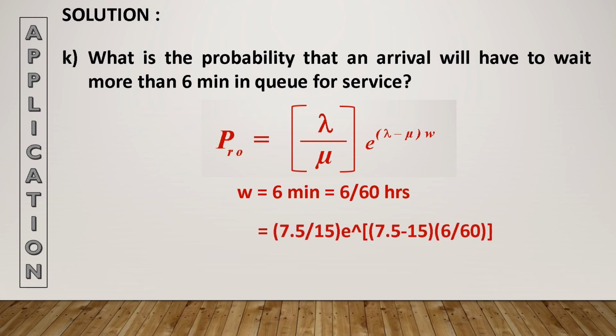So the formula will be 7.5 divided by 15 multiplied by e raised to the power of 7.5 minus 15 times 6 over 60, which resulted to 0.236 or 23.6%. Please take note that in solving this formula, we need to use a scientific calculator. So the probability that an arrival will have to wait more than 6 minutes in queue for service is 23.6%.